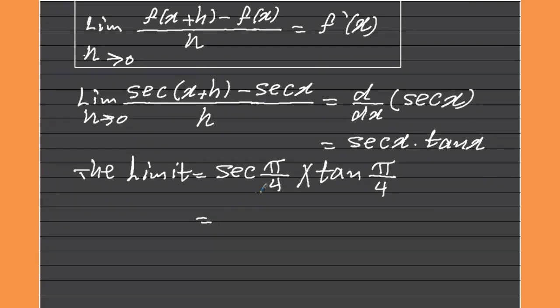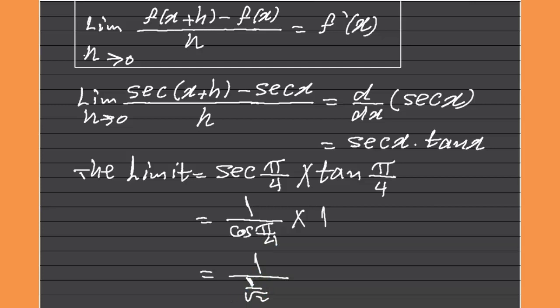And sec pi over 4 equals 1 over cosine pi over 4. Cosine pi over 4 equals 1 over root 2.